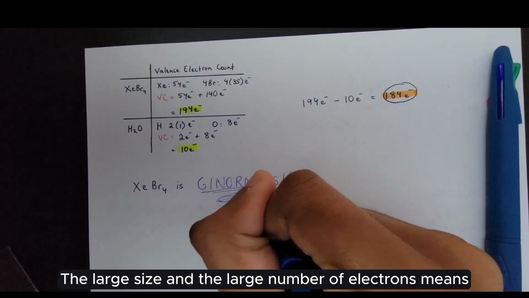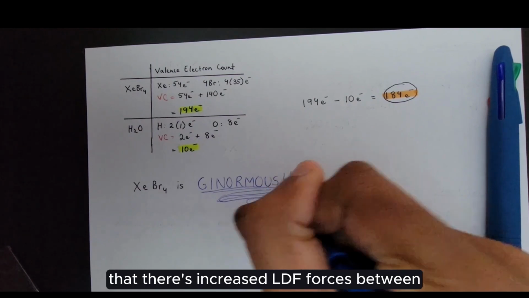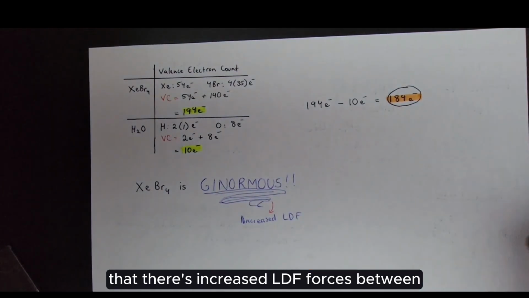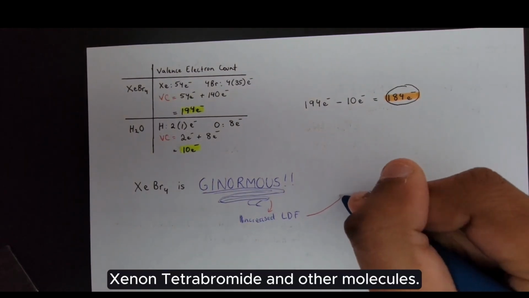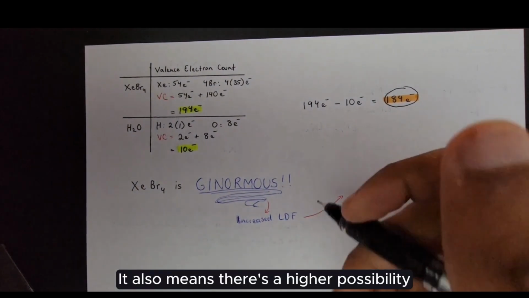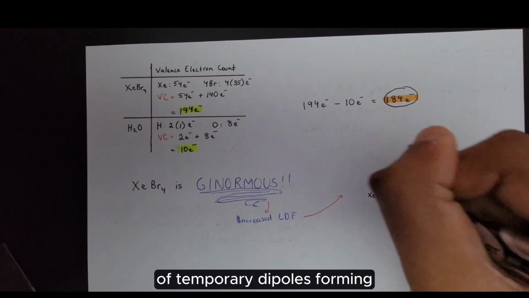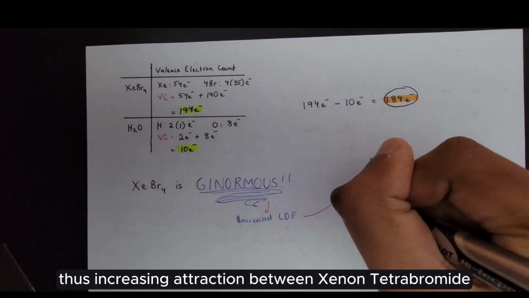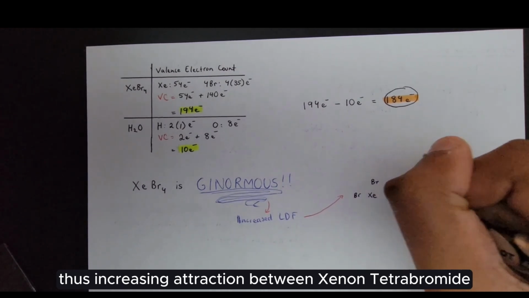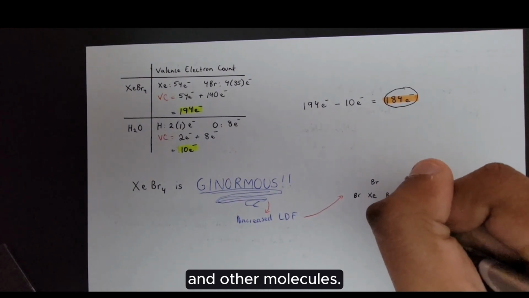The large size and the large number of electrons means that there's increased LDF forces between xenon tetrabromide and other molecules. It also means there's a higher possibility of temporary dipoles forming, thus increasing attraction between xenon tetrabromide and other molecules.